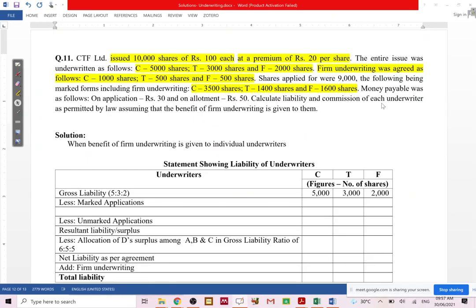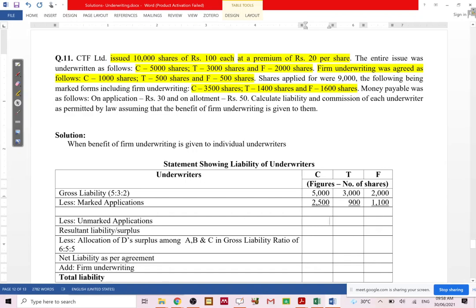So we have removed the firm underwriting from the marked applications: 2,500, 900 and 1,100.